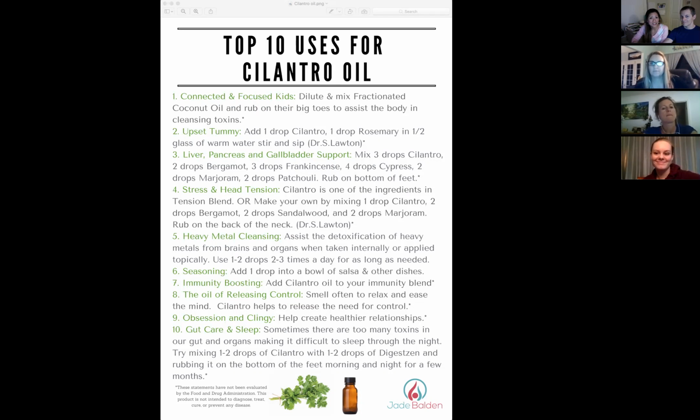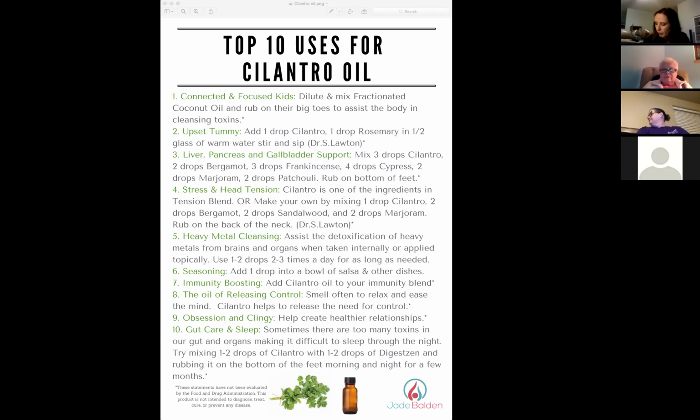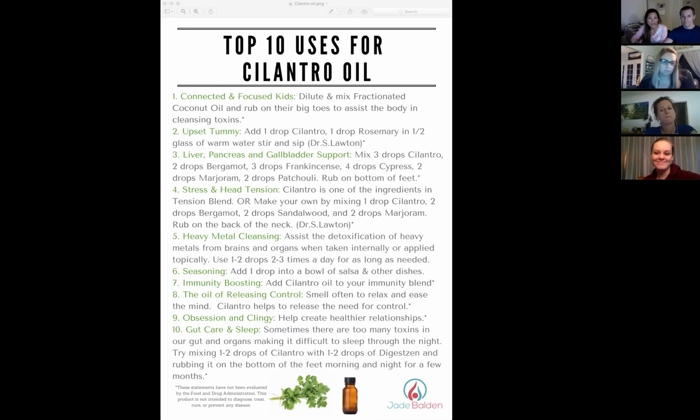In that case, don't use it. Try to use something else. But eventually, I would go back to cilantro and make friends with cilantro, because you're actually cleansing to the root. And if you're not ready to look at that yet, that's fine. But try to get there one day, because it'll help you.